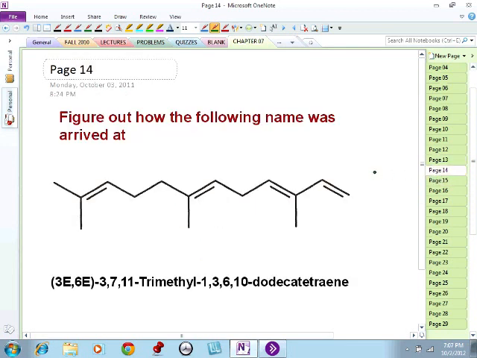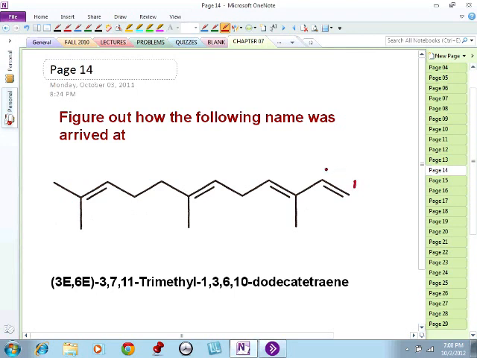Now let us name this. The name is already here, but how do we justify this? Let us number this. Where do you start the number? Very good. We start to number from here in order to give all of the carbon-carbon double bonds the lowest combination of numbers.